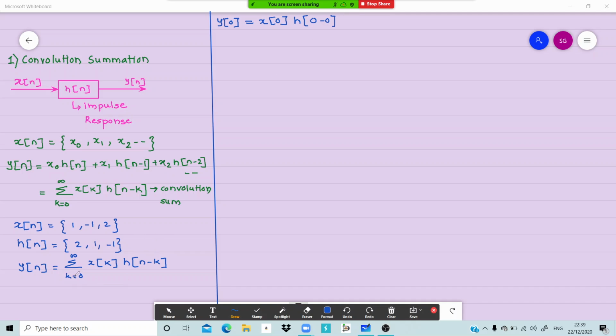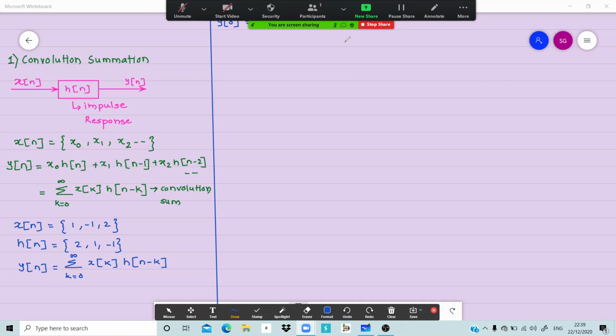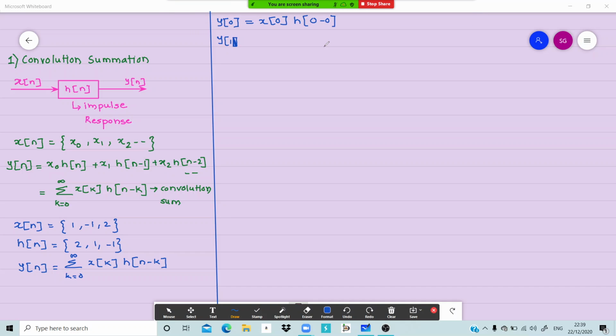Even if you increase the value of k, a negative index is not possible, not existing. So 0 minus 1 is not existing, so we will not go ahead. Now I'll calculate y of 1, that means the value of n is 1.